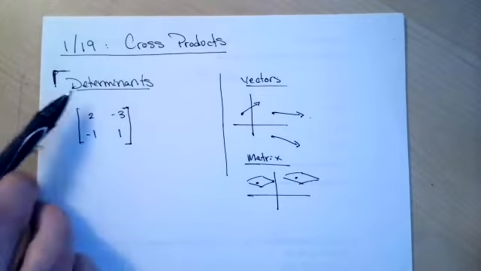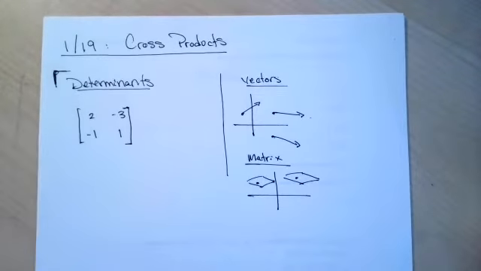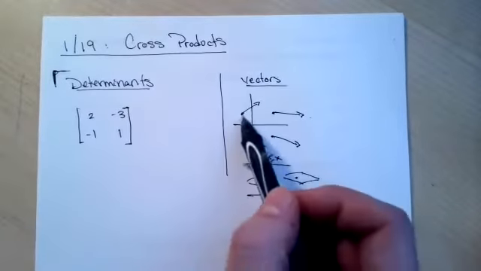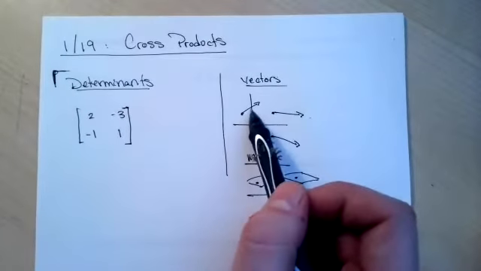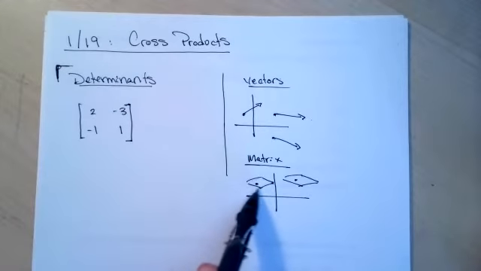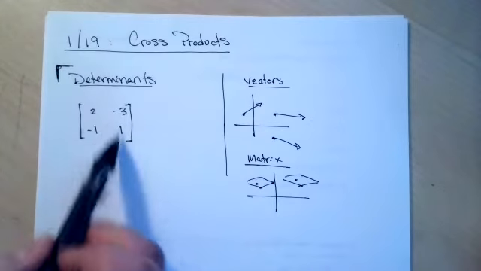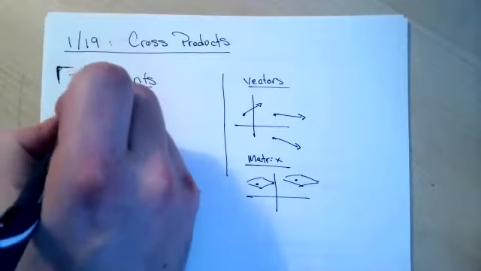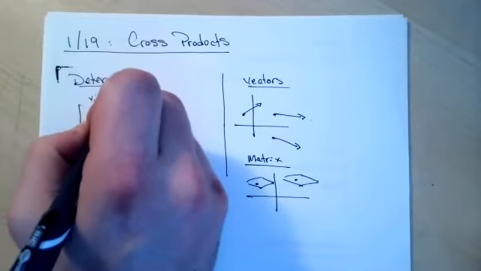And so what a determinant is going to give us is the area of that. So whereas the norm gives us the length of the vectors, the determinant of a matrix is going to give us the area of the parallelepiped spanned by these two vectors. So you can kind of think of this as just a pair of vectors.